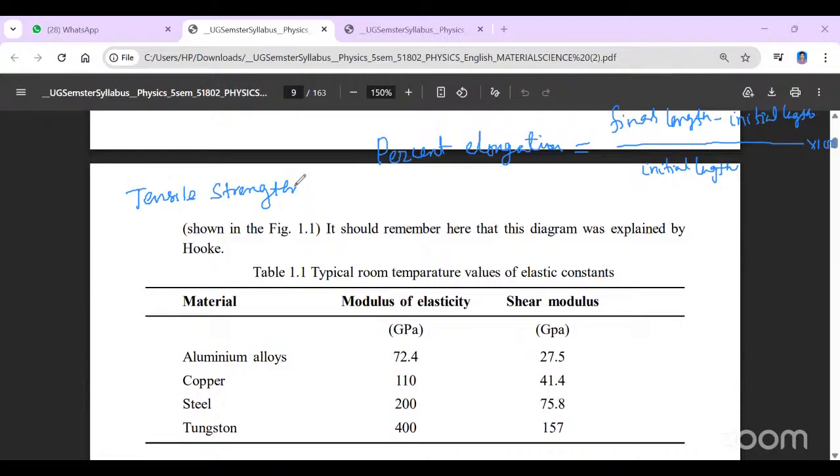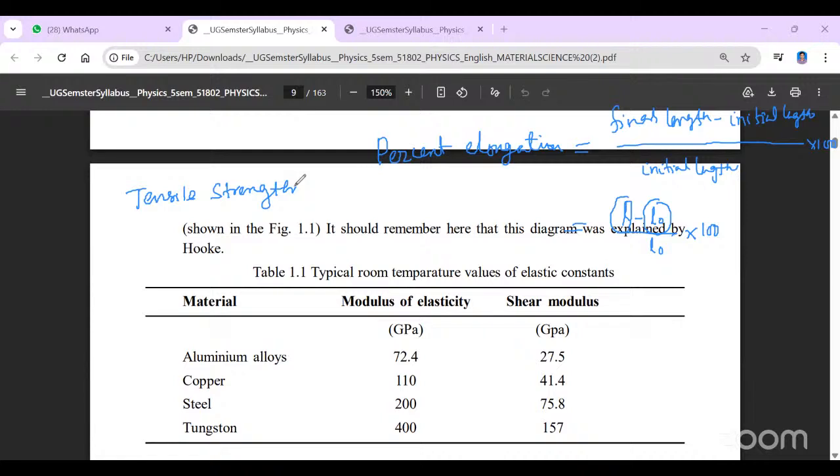The final length is the length after applying a certain amount of force. Generally we represent this as L minus L naught by L naught into 100, where L naught is the original length and L is the length after applying force. So that is the percentage of elongation.